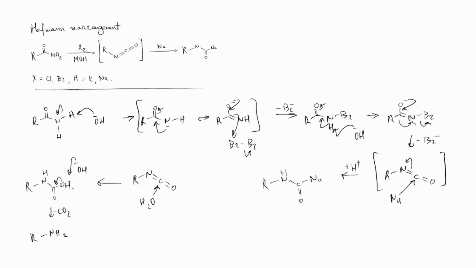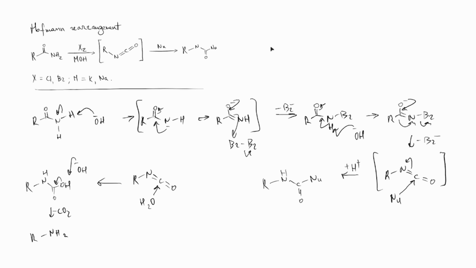So let's say we would have a methanol. So instead of this hydrogen, we would have a CH3 group, and decarboxylation would not be feasible. Okay, so that is the reaction mechanism for Hofmann rearrangement.